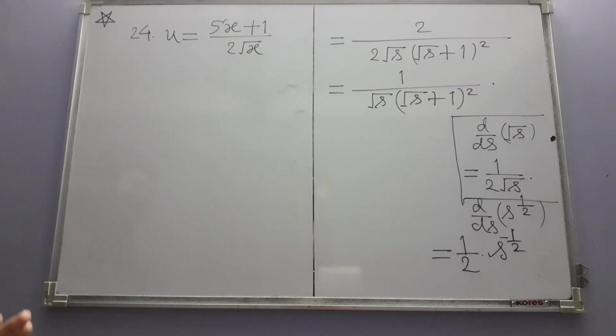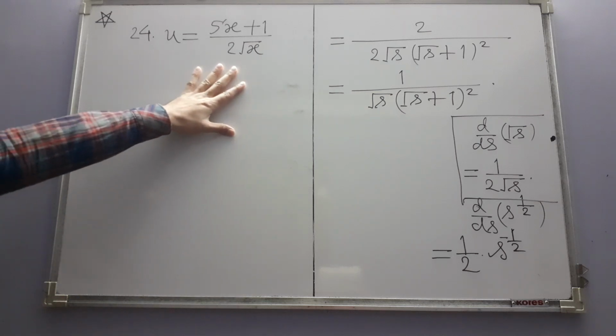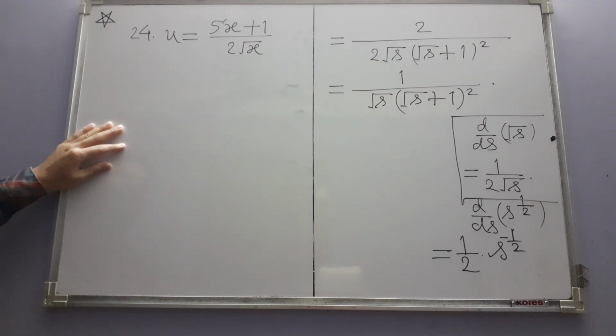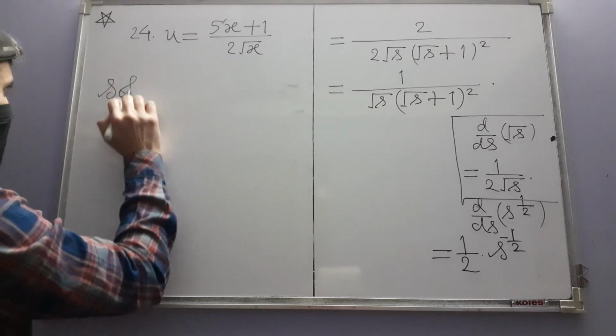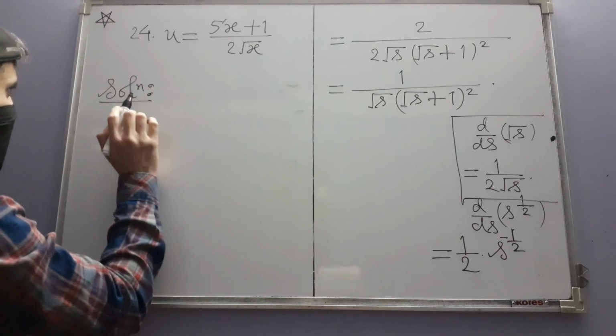There are two ways of doing this. One is to straight away use the quotient rule, and the other one is going through this simplification first. So let us see what we get if we try to simplify this.